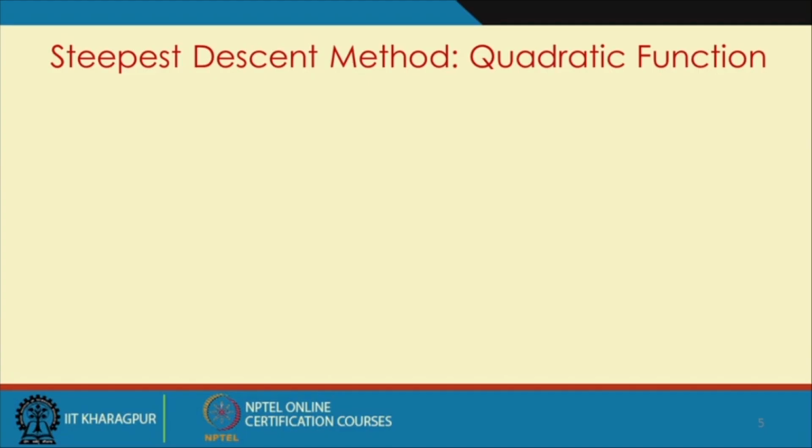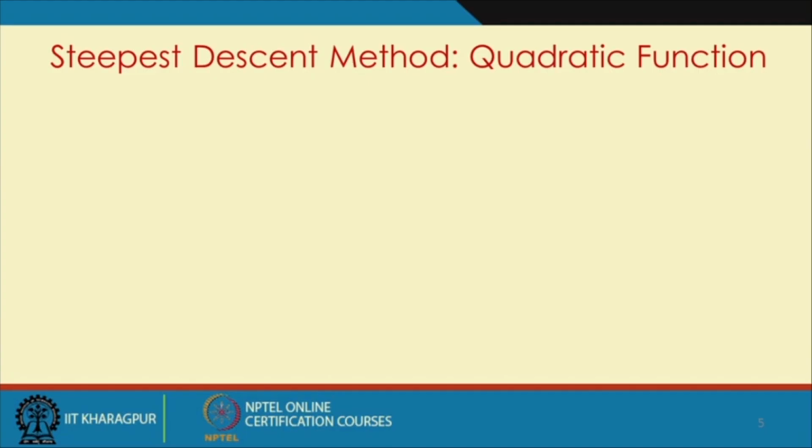Because a quadratic function is of order 2, whatever optimality we get for that quadratic function would be global optimal. If a nonlinear function can be approximated nicely with a quadratic function, and we find the optimal value of that quadratic function, then we can say that local optimal is the global optimal.